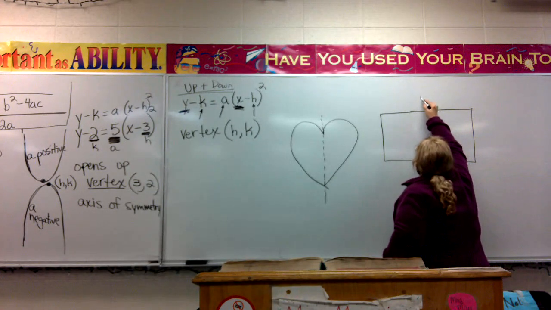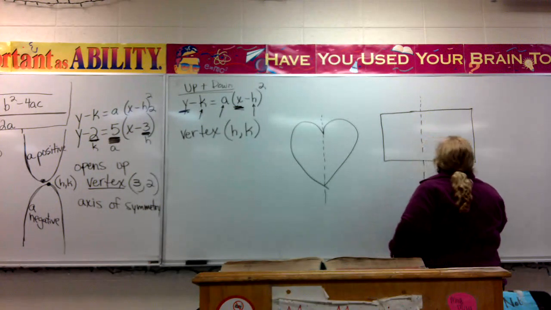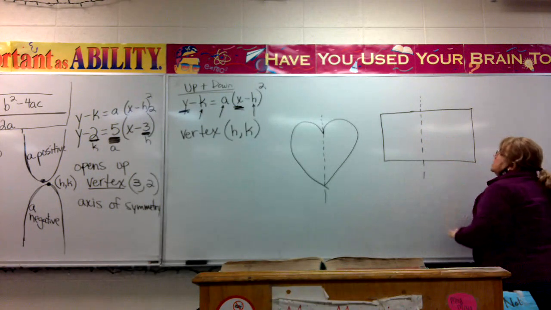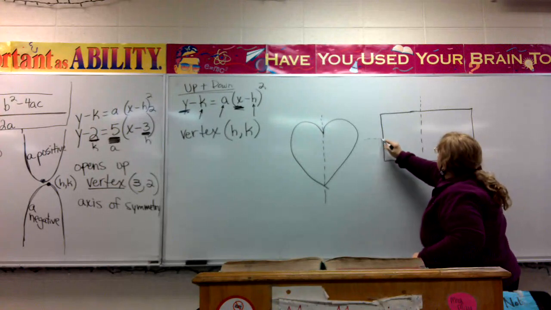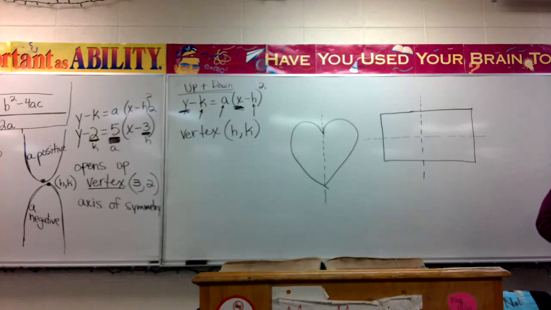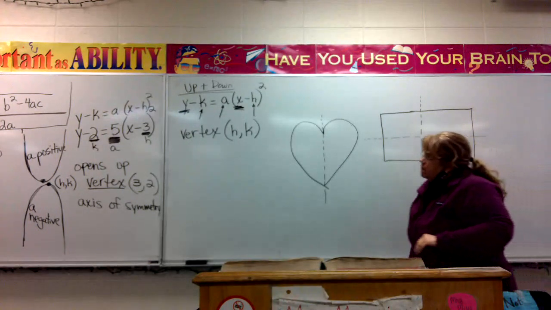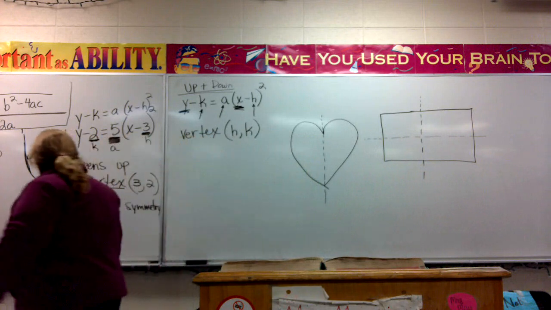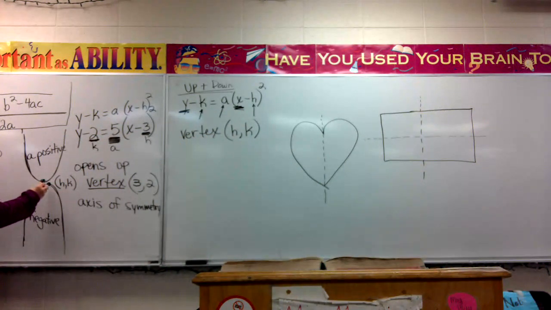I would put one straight down the middle, right? Because you could fold it over this way. But I think you could also put one this way, right? So symmetry just means it's the same on both sides. Well, if I was a better artist, my parabolas would be symmetric too, wouldn't they?